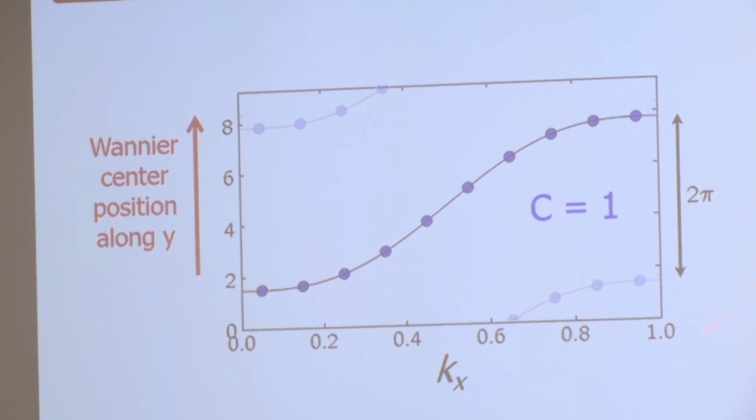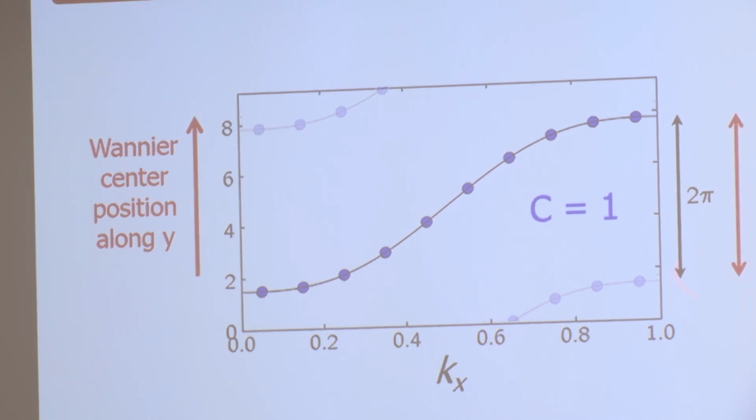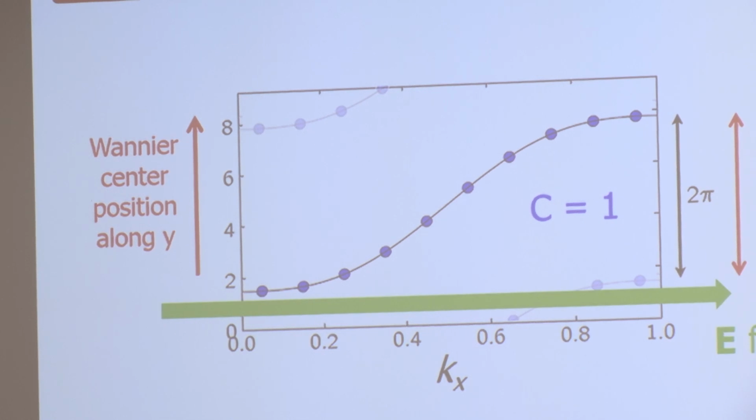As the wave vector changes, the Wannier functions are moving in the y direction, so they carry a current in the y direction. And if I regard this as a change in the Wannier center position rather than a change of the Berry phase, then it's a little bit more physical.